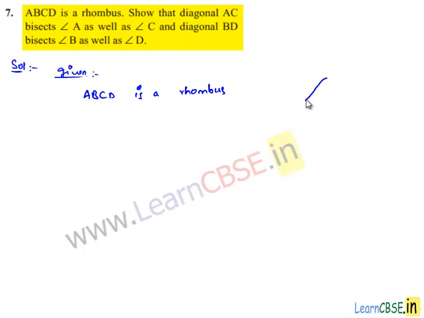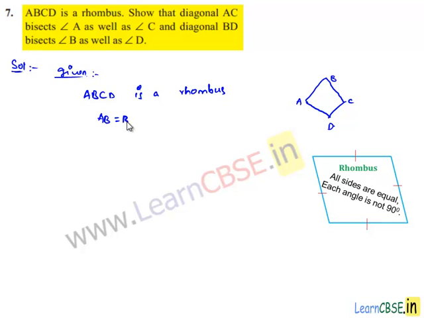So let us assume that ABCD is a rhombus. We know the properties of a rhombus: all the sides will be equal, that is, AB is equal to BC is equal to CD is equal to DA, and diagonals bisect each other perpendicularly. So here the diagonals are AC, which will be perpendicular to BD.